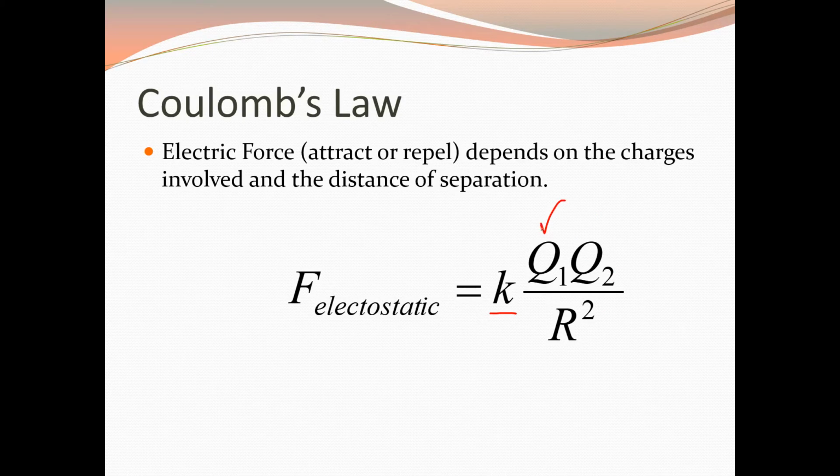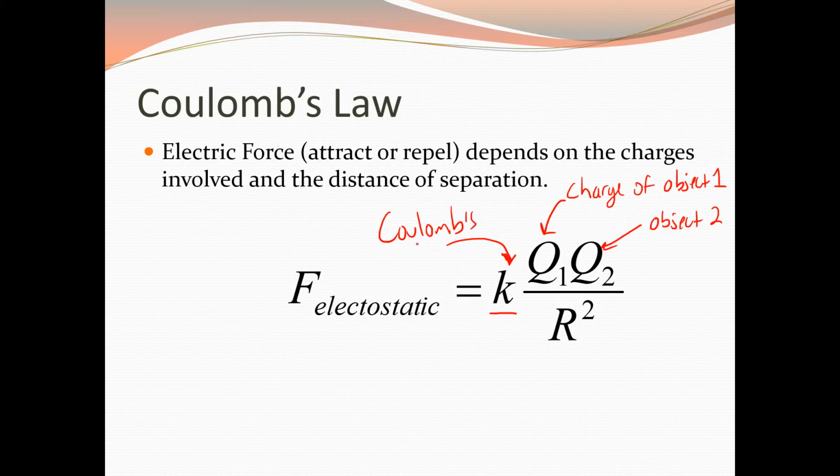So this Q1 is the charge of object 1, and Q2 is the charge of object 2. This K here is called Coulomb's constant.